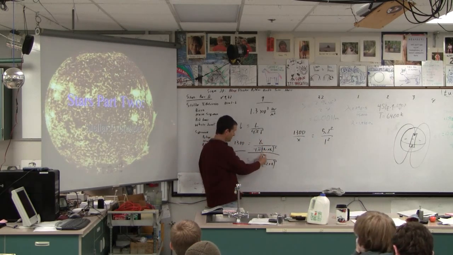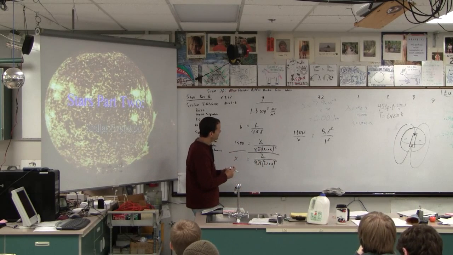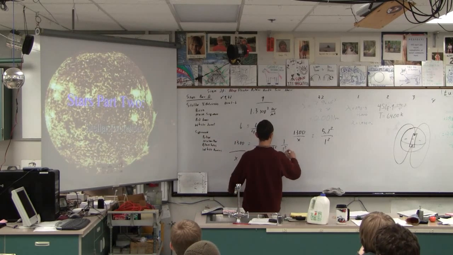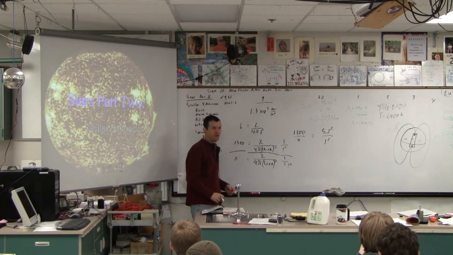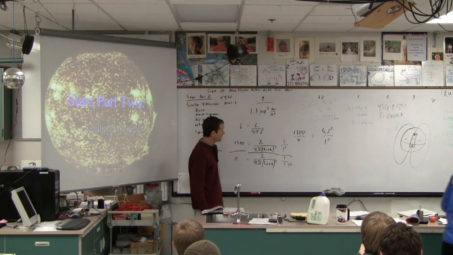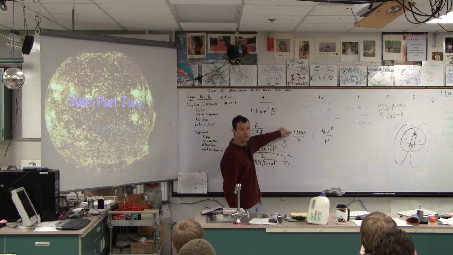So now we can just cross multiply. Ultimately, the answer is you divide by 5.2 squared. Does that get the right answer? Because I'm willing to back off of that statement if it's not.